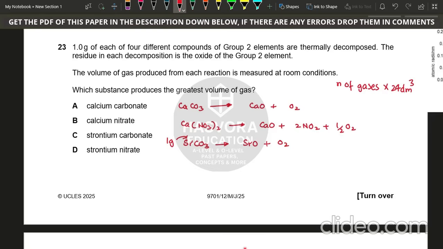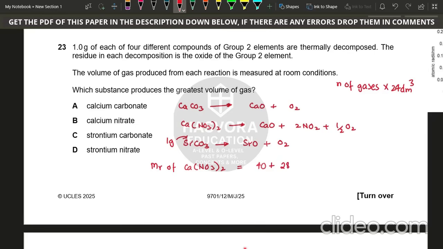So first of all, what I will do is find the MR of calcium nitrate. So calcium MR is 40, then plus nitrogen is 14 into 2, which is 28, and then oxygen is 48 because it is 16 into 3.